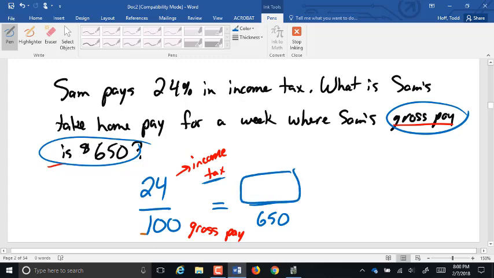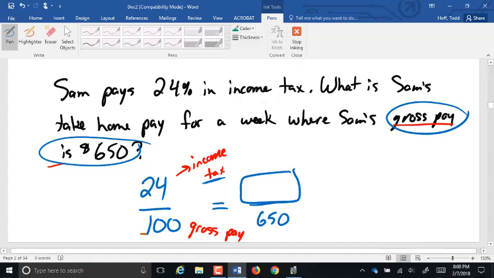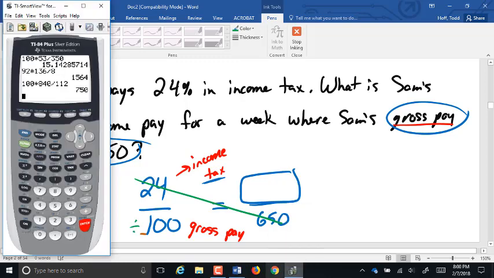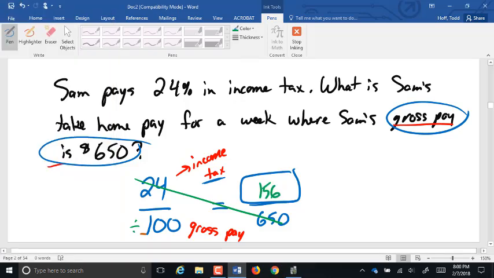Are we looking for the amount of the income tax here? That's not what we're asked to find, is it? If we know the amount of income tax, can we find what we're asked to get here? Let's take a look. 24 times 650 divided by 100 is going to be 156.